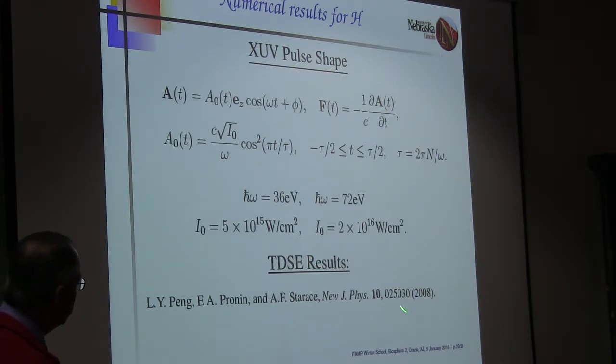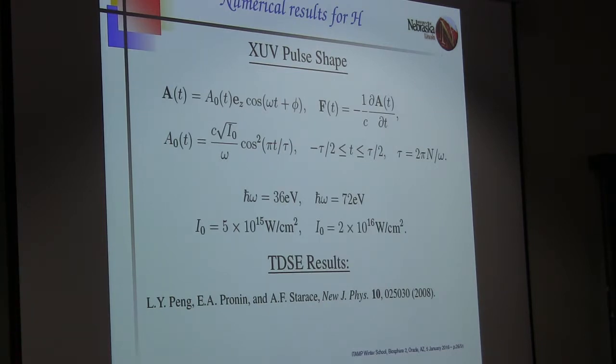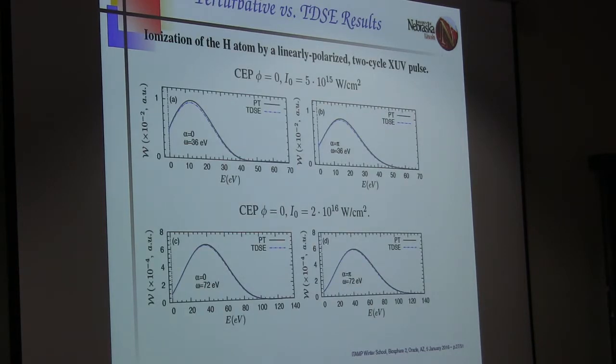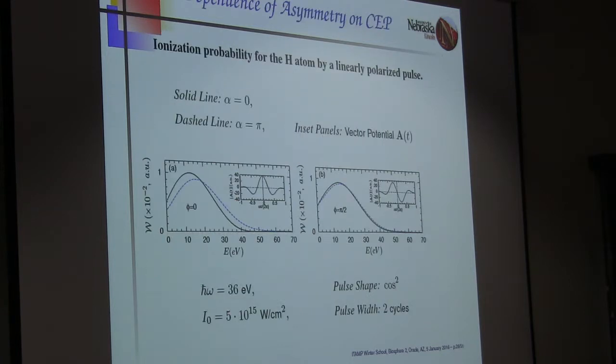These were published in this paper, and these are the results along the positive z-axis and along the negative z-axis. These are our perturbation theory with analytical evaluation of the hydrogenic dynamical terms, and this is the time-dependent Schrodinger equation result. And you see the perturbation theory works extremely well. This is just a higher intensity.